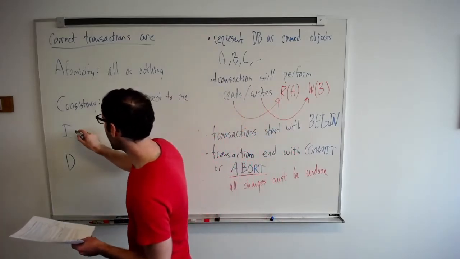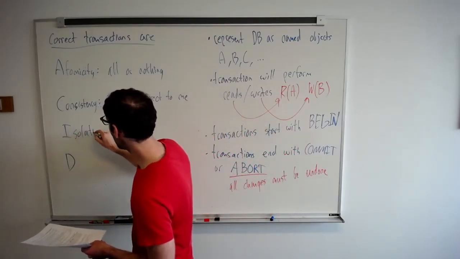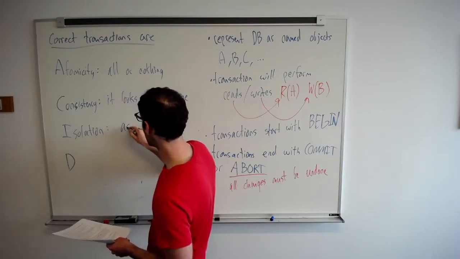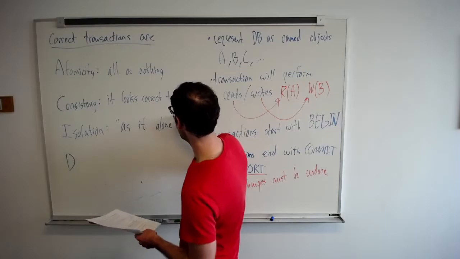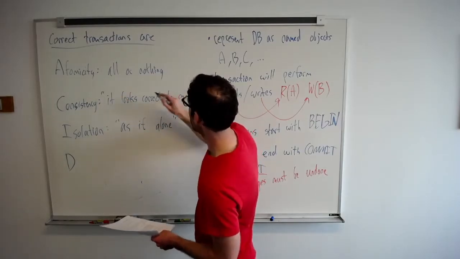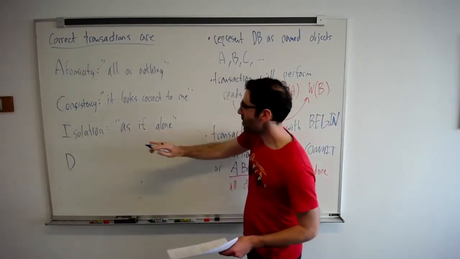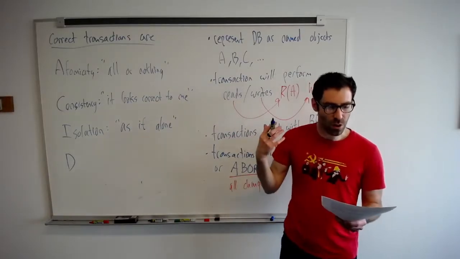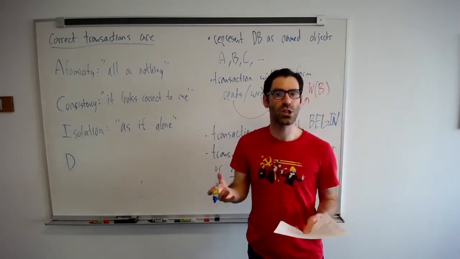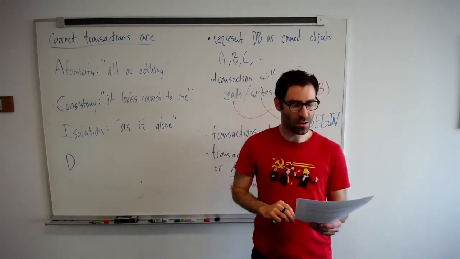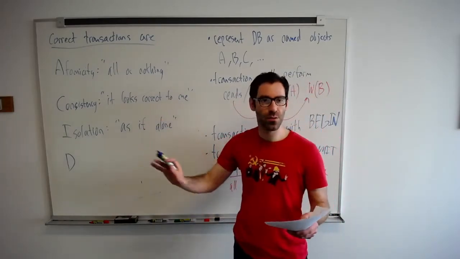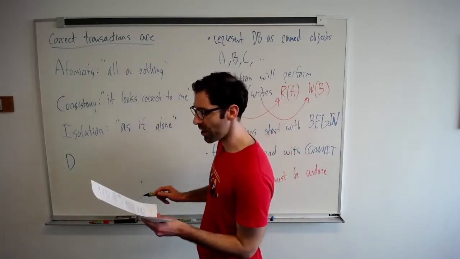So the I is isolation, as if alone, so it means that the transaction should have the illusion that it is the only transaction that is occurring. It should be isolated from other concurrent transactions.